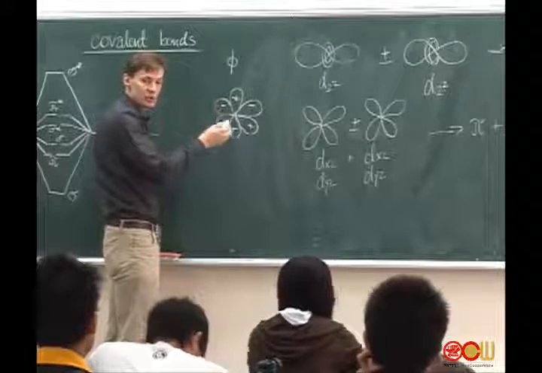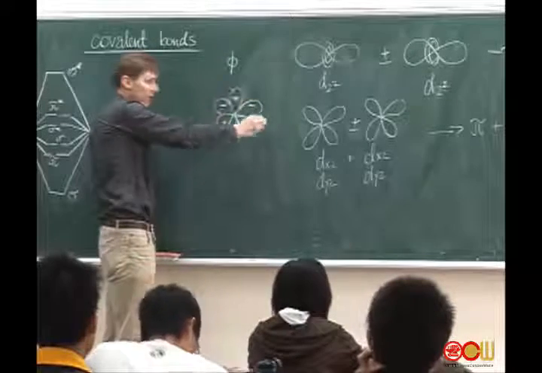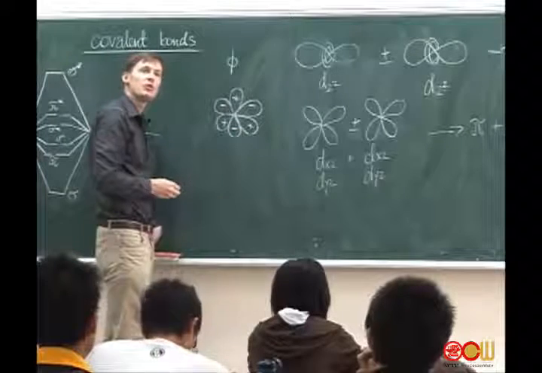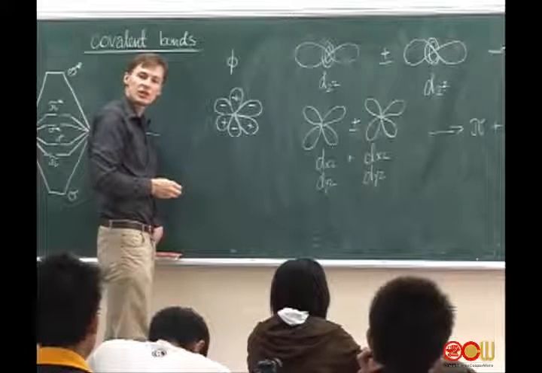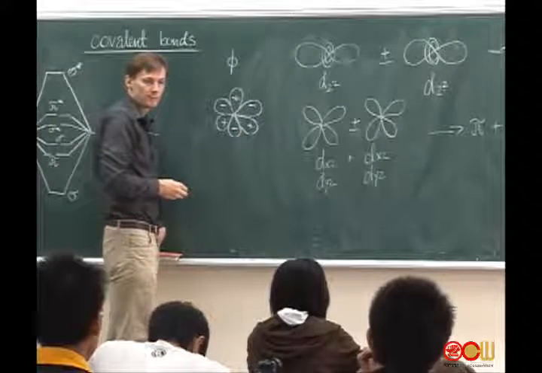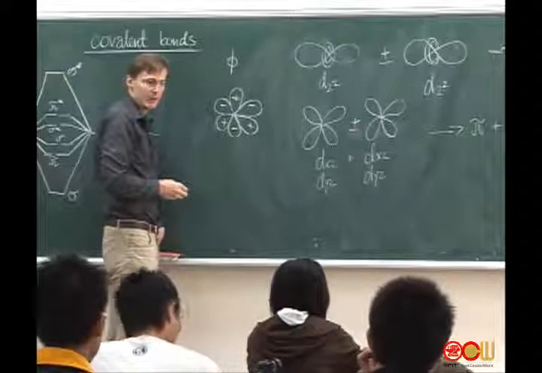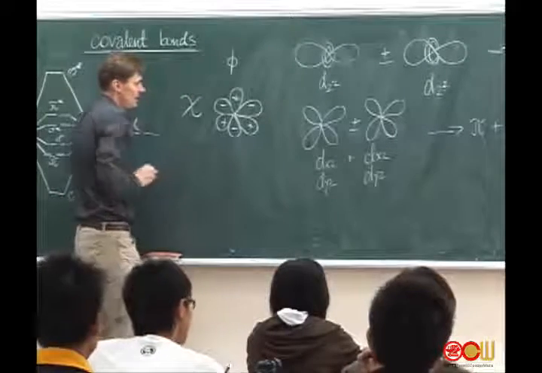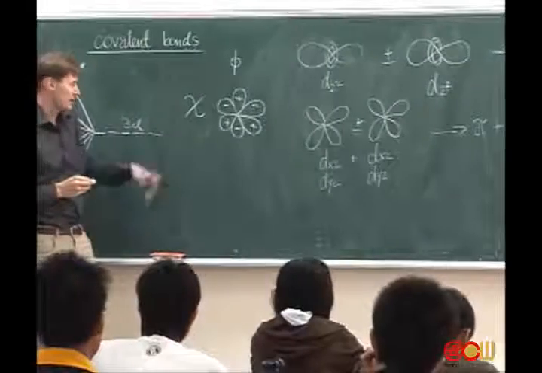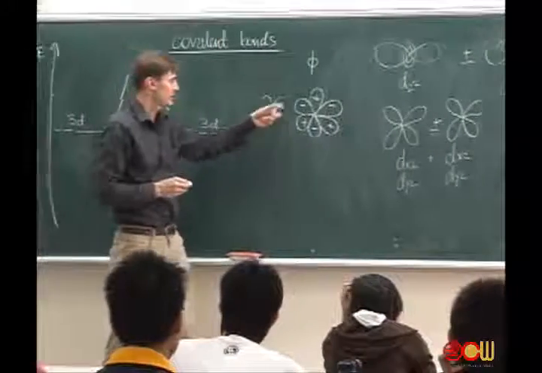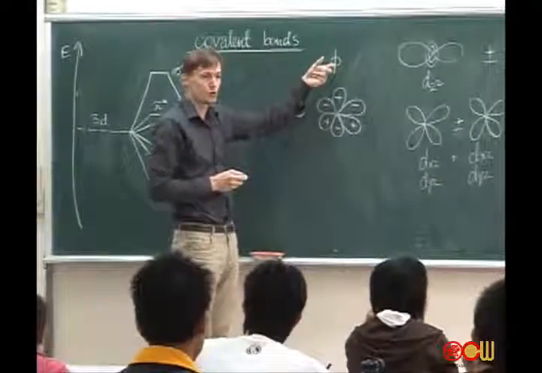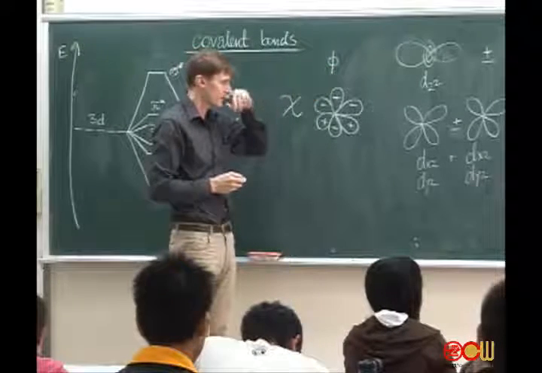Then if you go to the g orbitals, you would have 8 arms. And that would be h. What is h in Greek letters? I don't know. Maybe chi, I believe. But I have never seen or heard about this. The phi orbitals are pretty often used in quantum chemistry discussions.